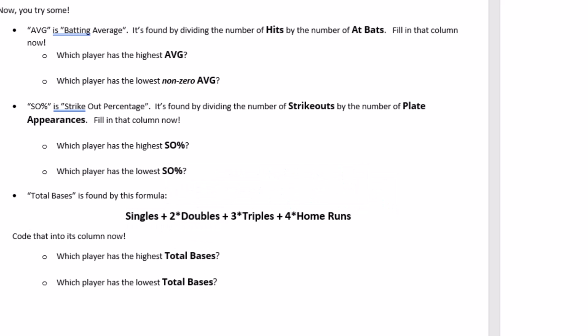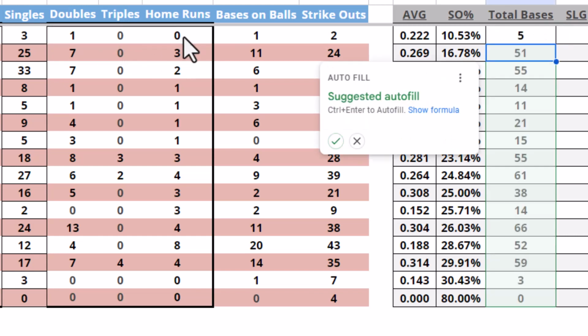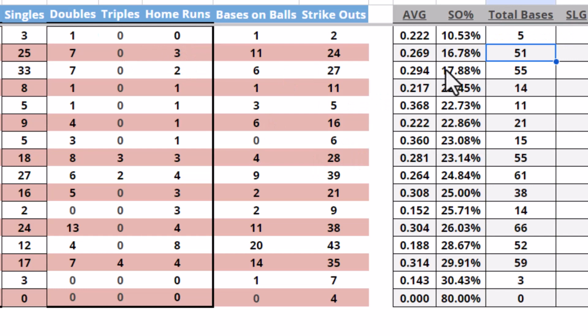Okay, so let's go back over here. Total bases equals singles plus 2 times doubles plus 3 times triples plus 4 times home runs. All right, and that looks like an autofill that I can live with.